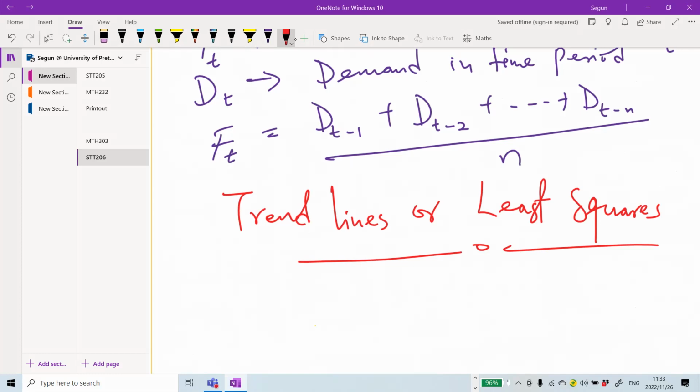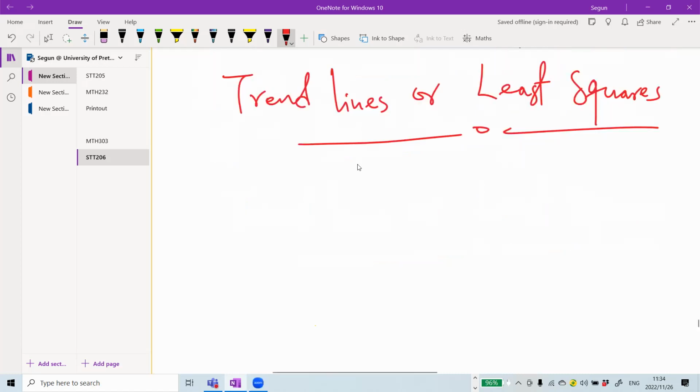In most cases, we use it to predict. They can ask you, like the first one with the moving average, we did that: calculate the demand for the 7th year using the three moving average. So it can happen like that. But in this case now, the trend, we will start from here.